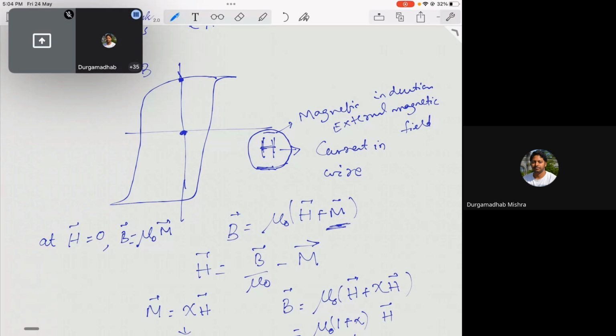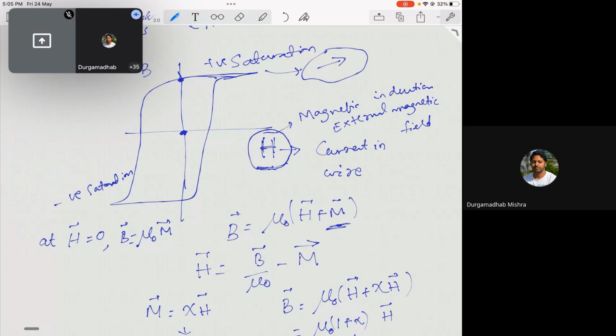Now, also what happens is that when I am increasing this external field, I get a kind of saturation here. Okay, so this is a positive saturation. I also have a negative saturation. That means a situation will be there when the material, if it has domains, will all magnetize in the same direction.